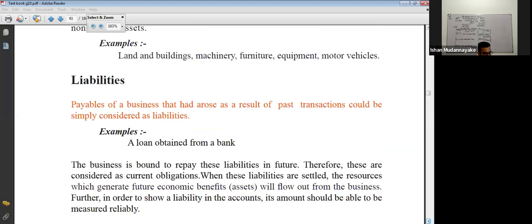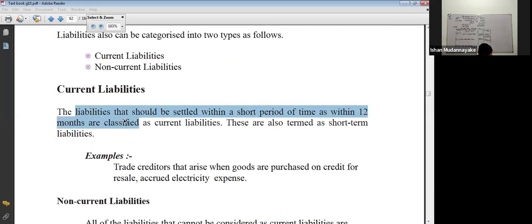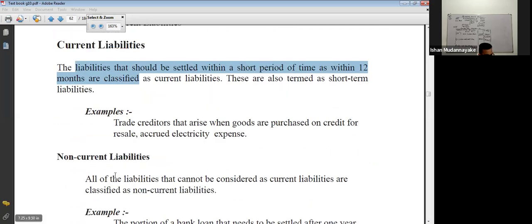Current liabilities: liabilities that should be settled within a short period of time, such as 12 months, are classified as current liabilities. Non-current liabilities: all the liabilities that cannot be considered current liabilities are classified as non-current liabilities. I think most of the time in the Western Province paper, they will test these things.